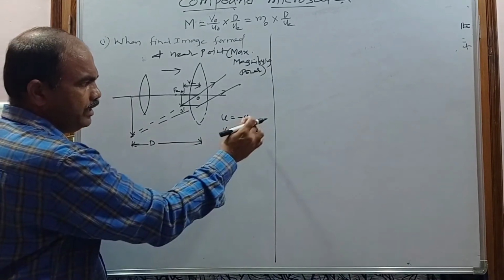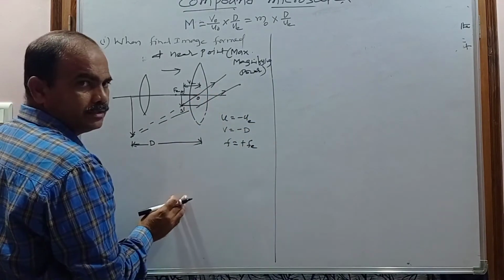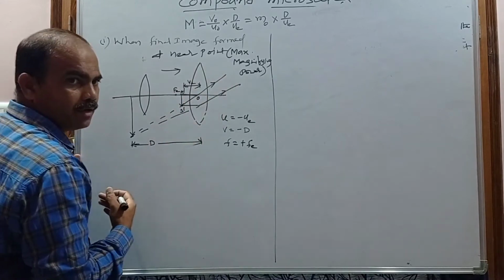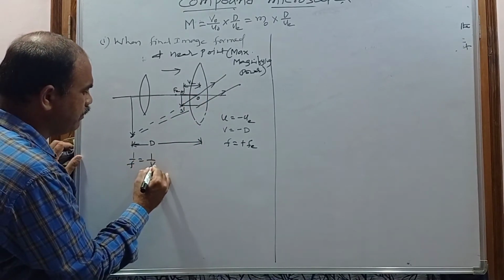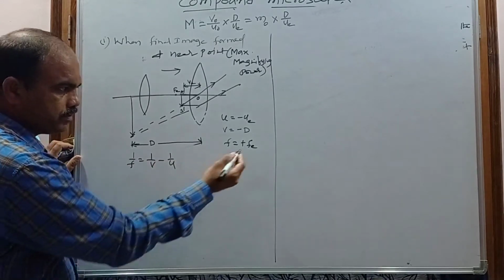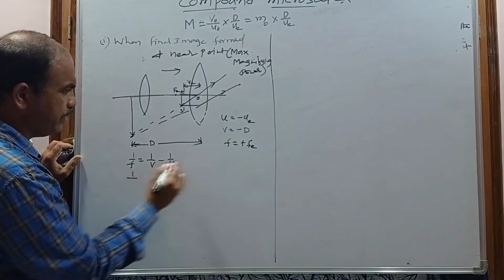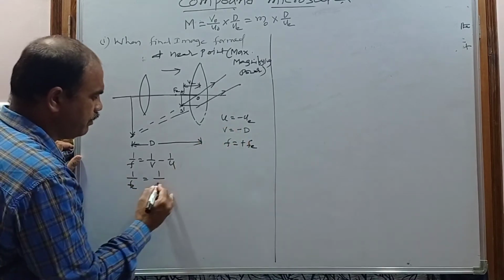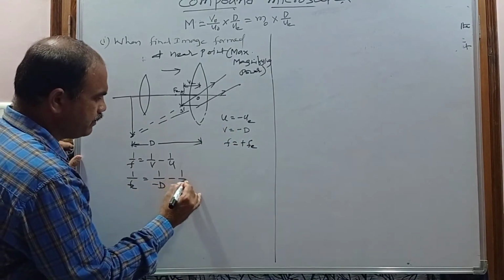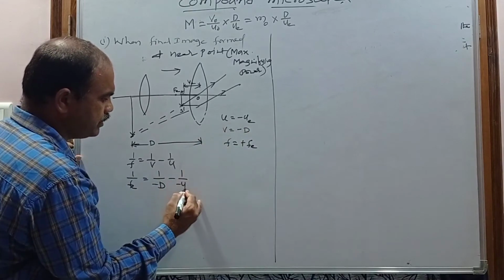So to find this object distance for the eyepiece, we have to use the lens formula. What is the lens formula? 1 by f equal to 1 by v minus 1 by u. When you substitute in this equation, 1 by f is 1 by f suffix e, equal to 1 by v, which is minus d, minus 1 by u, which is minus u suffix e.